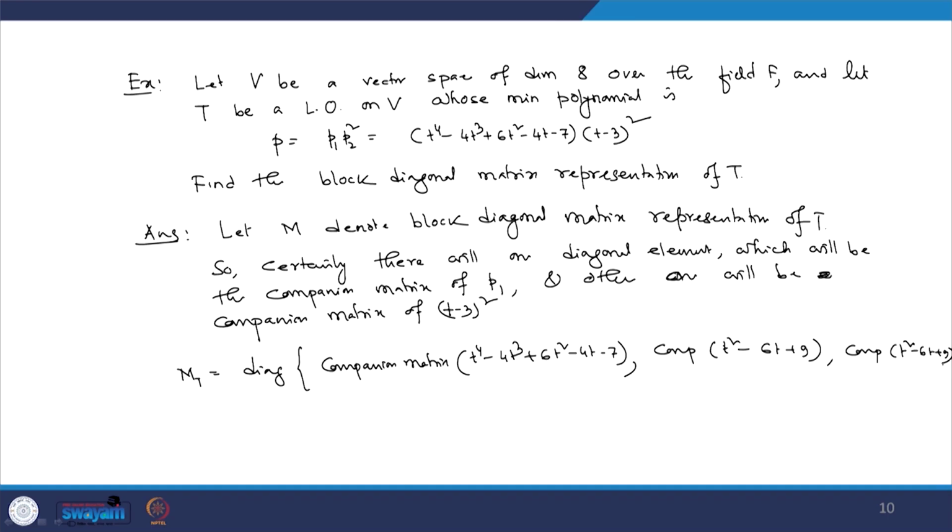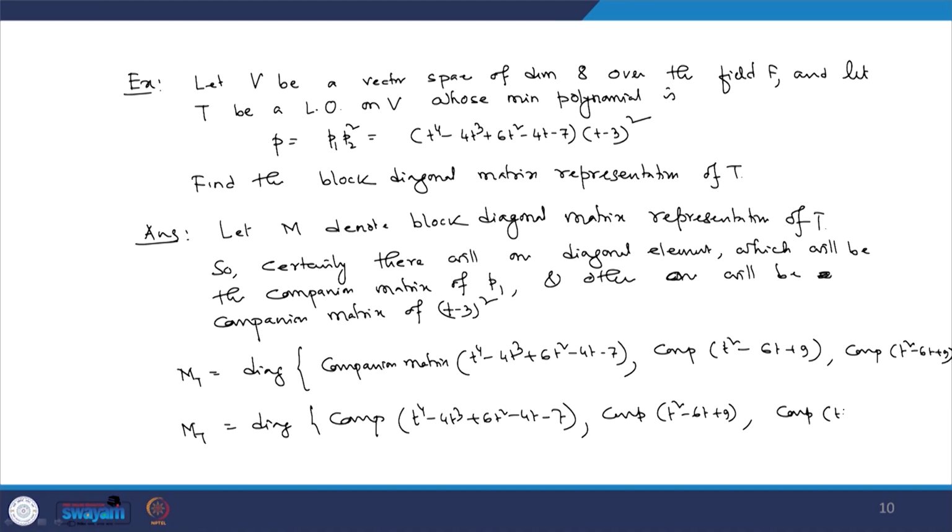So, this is one possibility, and the other one may be diagonal of the companion matrix of the first one, t to the power 4 minus 4t cube plus 6t square minus 4t minus 7, then the companion matrix of t square minus 6t plus 9, and the other ones I can consider the companion of t minus 3 and the companion of t minus 3.